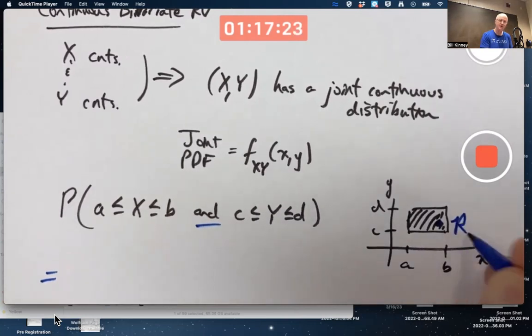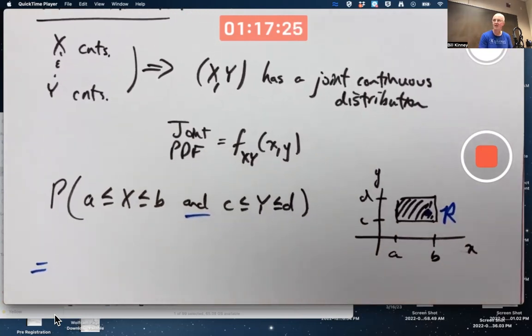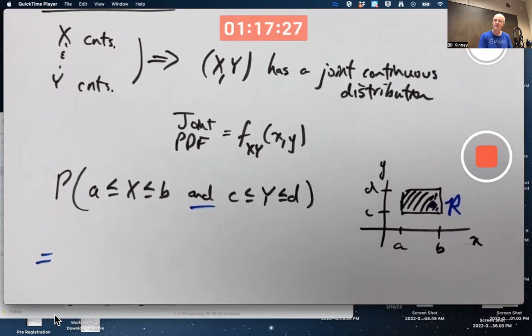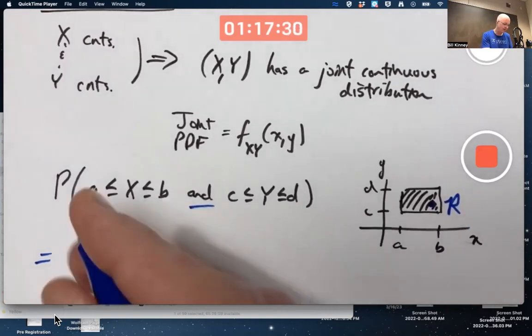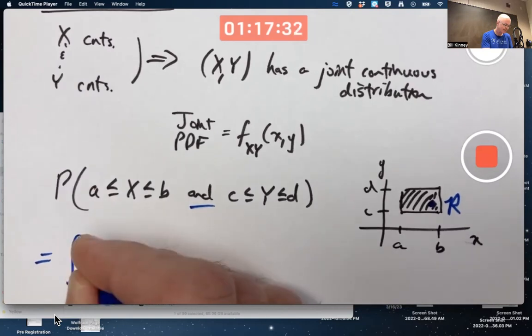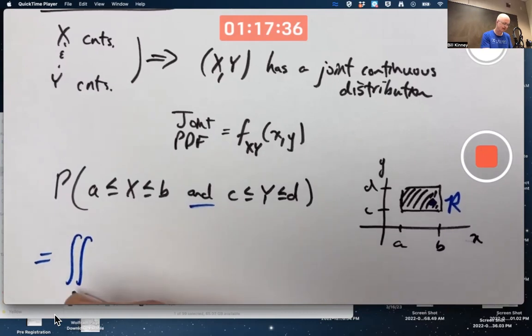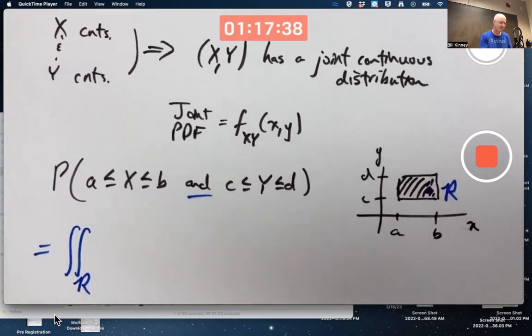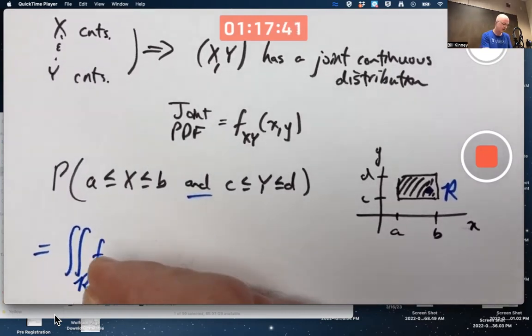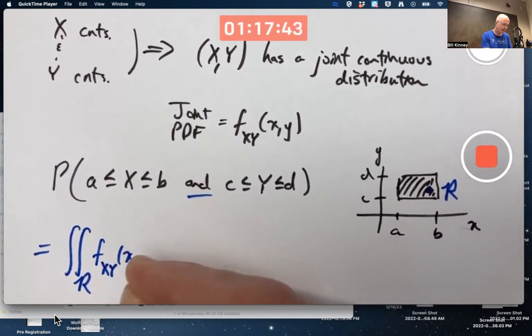This is often written in a couple different ways. If I call this region R, you could write the integral that you're after in an abstract way with two integral signs, because it's a double integral. Put the region down there, put the function you're integrating right there.